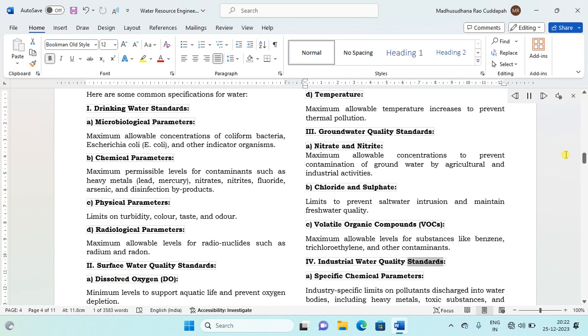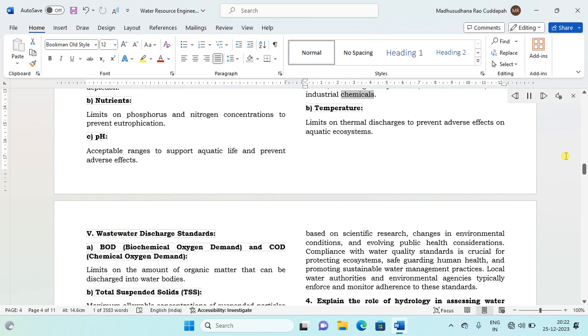Industrial water quality standards. A. Specific chemical parameters: industry-specific limits on pollutants discharged into water bodies, including heavy metals, toxic substances, and industrial chemicals. B. Temperature: limits on thermal discharges to prevent adverse effects on aquatic ecosystems.